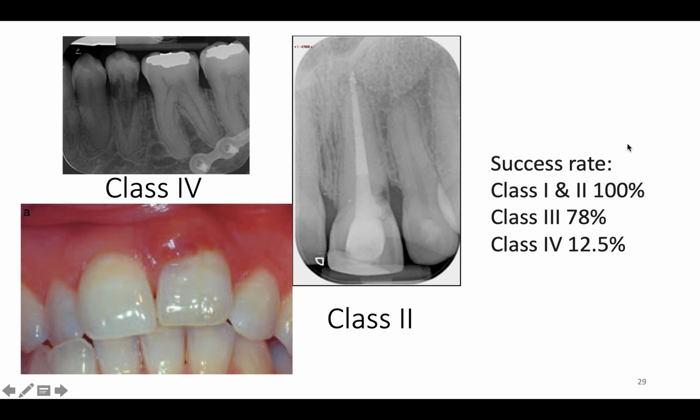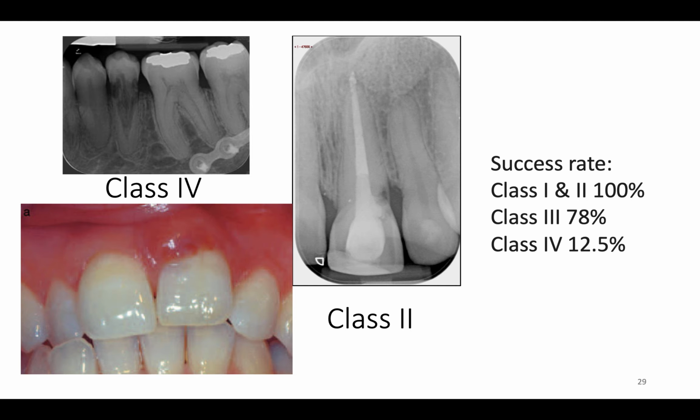Now, the success rate of the management of external invasive cervical resorption depends on the degree or the extent of the resorptive defect. In class 1 and 2, you can get up to 100% success rate.